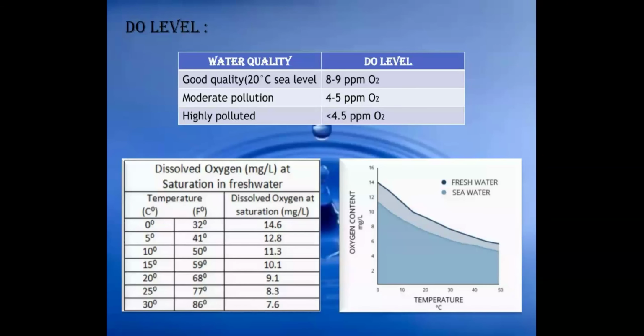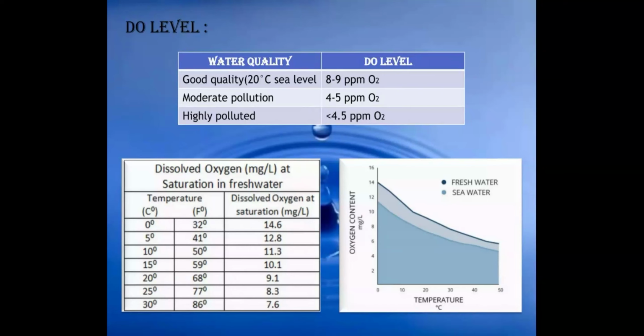This is the water quality and its relationship with DO level. Water quality and DO level: 8 ppm is good quality, 4 to 5 ppm is moderate pollution, and less than 4 ppm is highly polluted. So you note this one also.